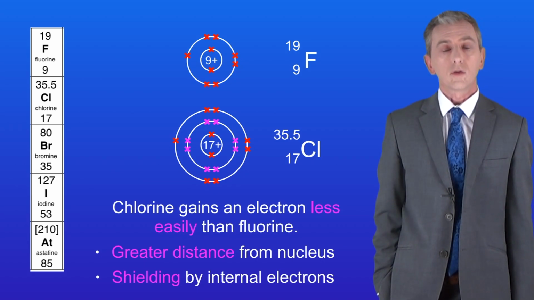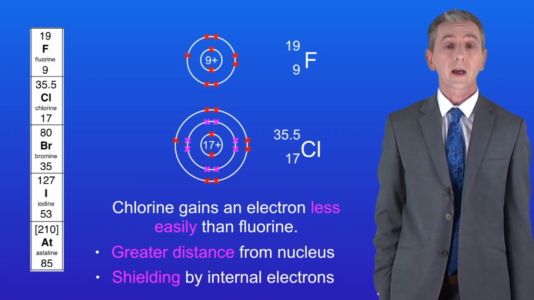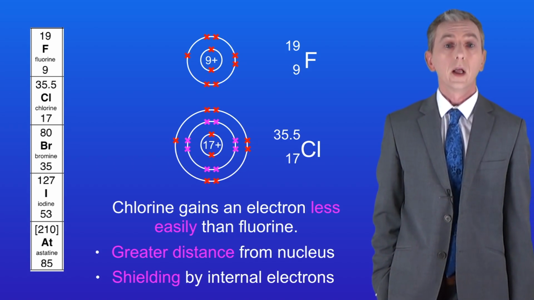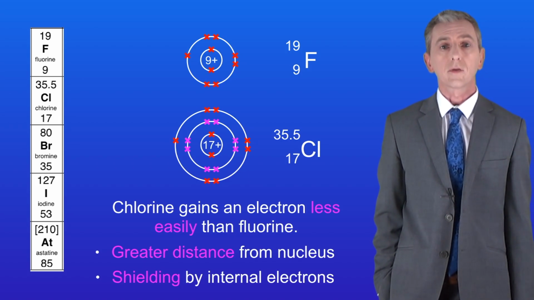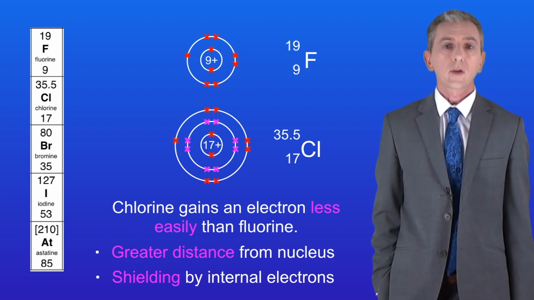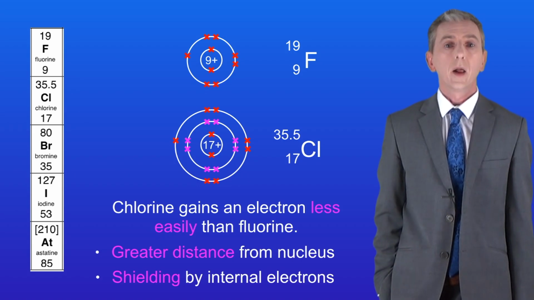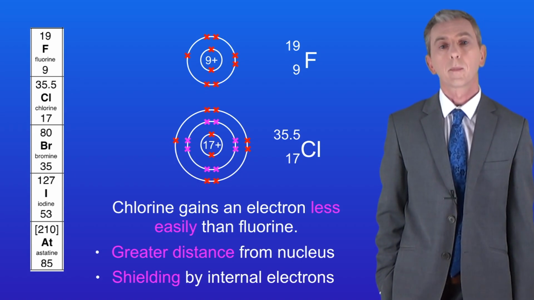Both of these factors reduce the attraction between the outer electrons and the nucleus. This means that it's harder for chlorine to attract an electron into its outer energy level than it is for fluorine. So chlorine is less reactive than fluorine. As we move down group 7, the increased distance and the increased shielding means that the elements get less reactive.